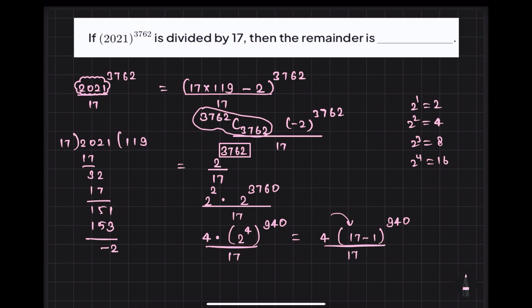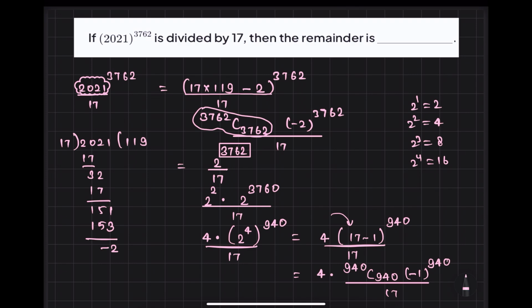So in the last part we will have 940 C 940 minus 1 power 940 divided by 17, correct?